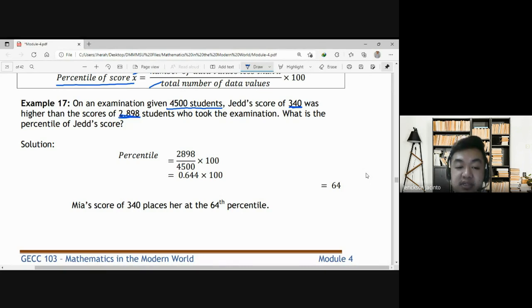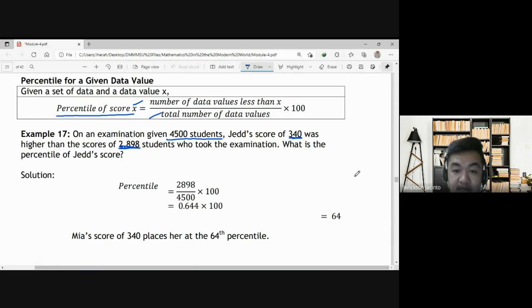So the percentile is equal to the number of data values less than X over the total number of students. So, 2,898 kasi yun yung mas mababa, then 4,500 yung total. So, 2,898 divided by 4,500 is 0.644 times 100.